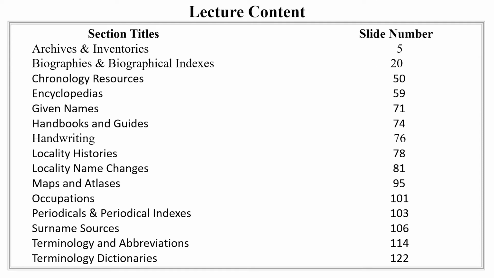I will be focusing on the following topics: archives and inventories, biographies and biographical indexes, chronology resources, encyclopedias, given names, handbooks and guides, handwriting, locality histories, locality name changes, maps and atlases, occupations, periodicals and periodical indexes, surname sources, and then terminology and abbreviations and terminology dictionaries.